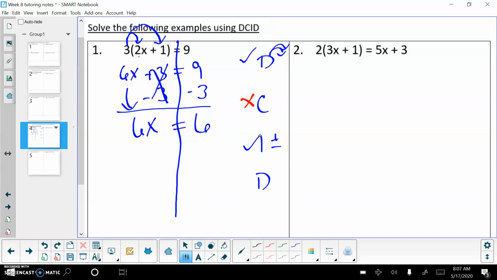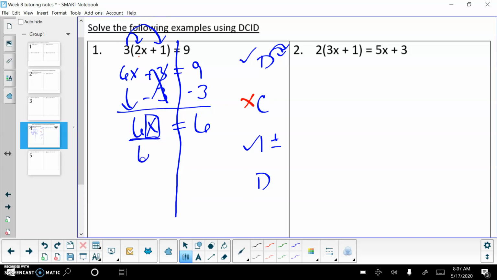Now I'm at my last step. If you've got x's left over, or triangles, when we used to say triangles left over, this is where you have to divide. This is still an isolation step because I still need to get this x by itself, so I have to move away that 6 that's right next to it. And again, we're using opposites. This is 6 multiplied by x, and the opposite of multiplication is division.